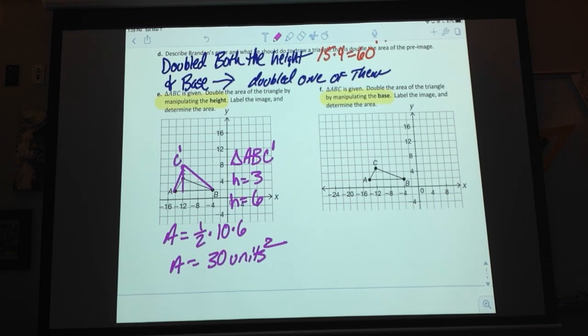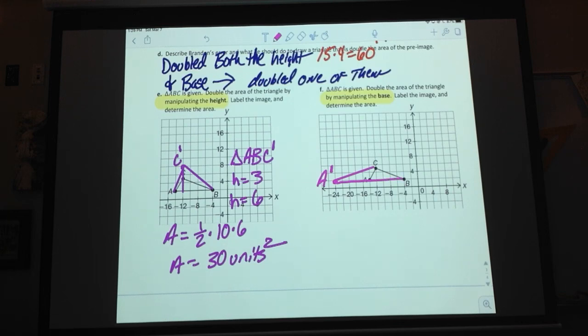Or I could do both A and B out, 5 and 5, and get 10. I'm going to take A out 10. So I'm at negative 14, so I'm going to go all the way out here to negative 24. And I'm going to put A prime out here. When I do that, I'm going to go ahead and connect because I'm there.